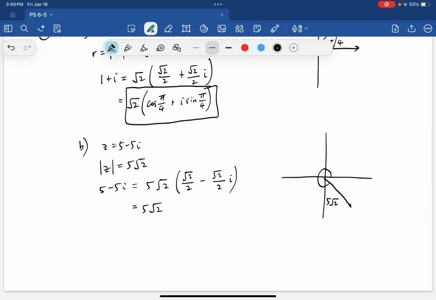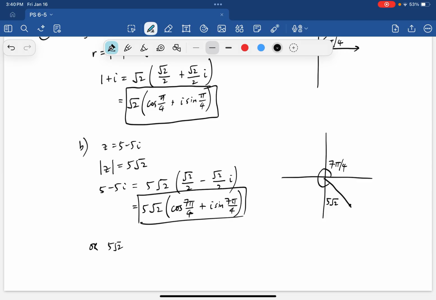This should be an angle of 7 pi over 4. So cosine 7 pi over 4 plus i sine 7 pi over 4. Could have also had 5 root 2 times cosine negative pi over 4 plus i sine negative pi over 4. That's fine too.